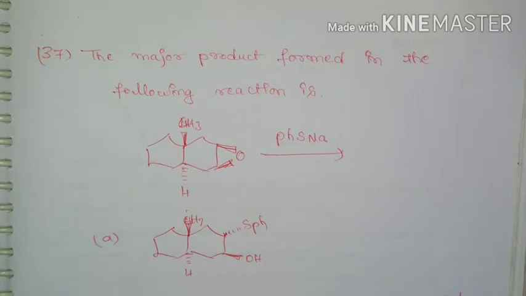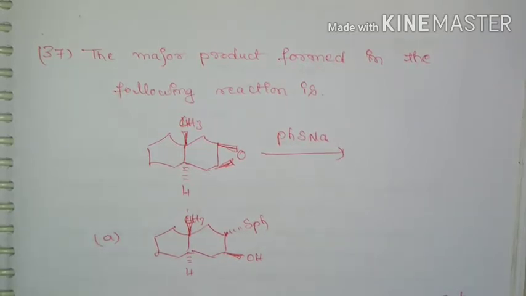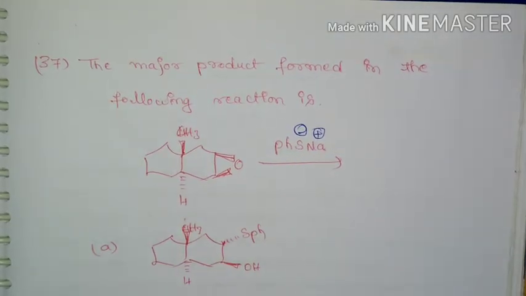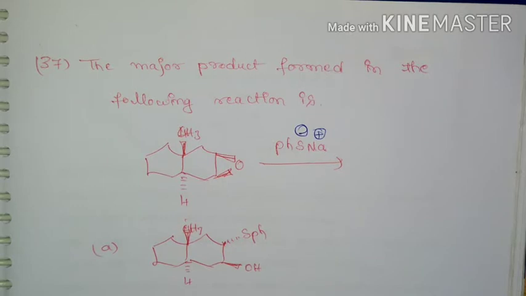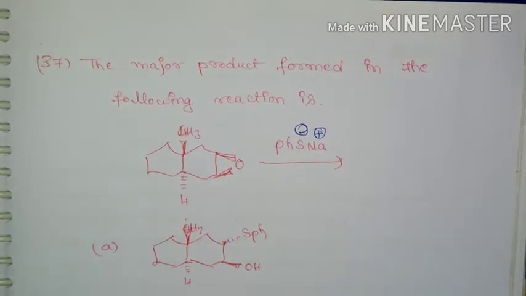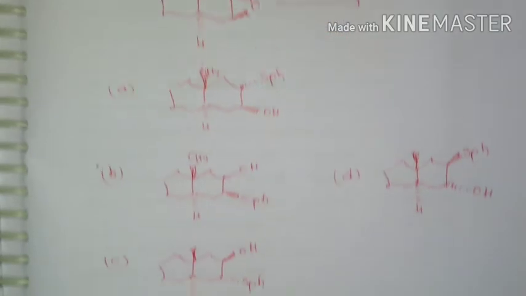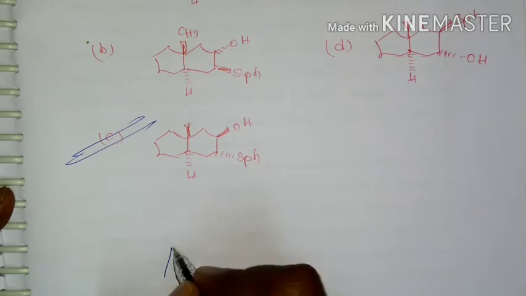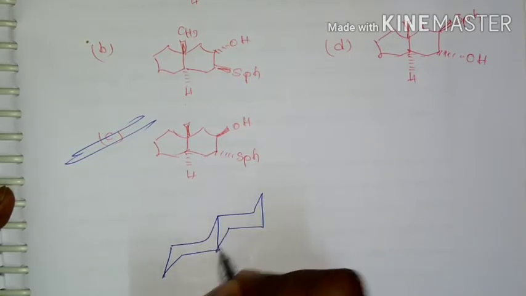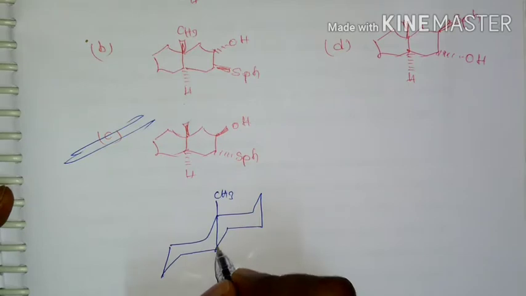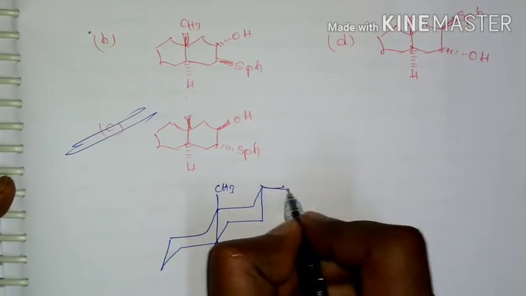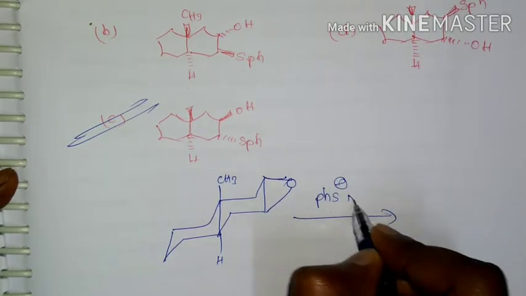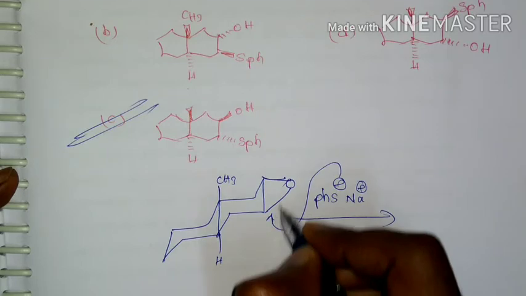It is an example of an epoxide ring opening reaction, and here the sodium salt of thiophenol is going to act as the nucleophile, and the product which is going to be formed is C. So here if I write this structure, this is our starting material, and if it is treated with the sodium salt of thiophenol, the ring will open.